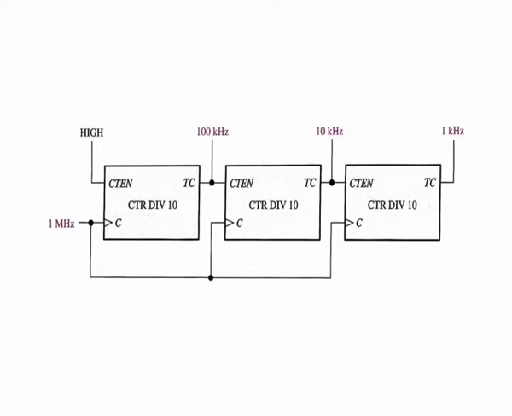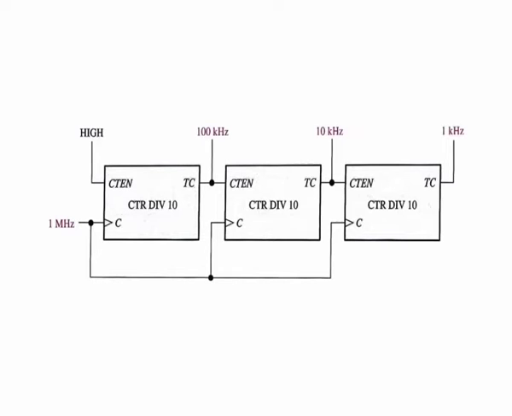For example, as shown in this implementation of a countdown chain, suppose that you have a basic clock frequency of 1 megahertz and you wish to obtain 100 kilohertz, 10 kilohertz and 1 kilohertz. A series of cascaded decade counters can be used.